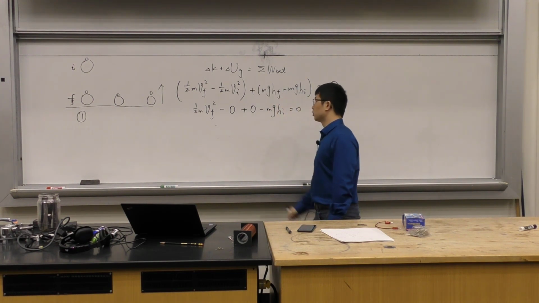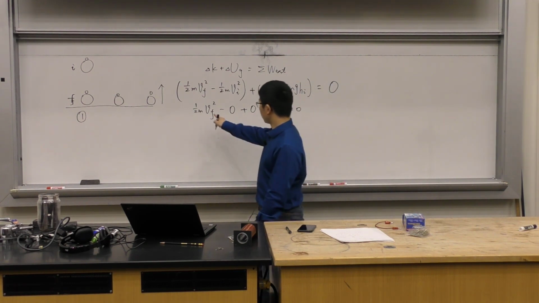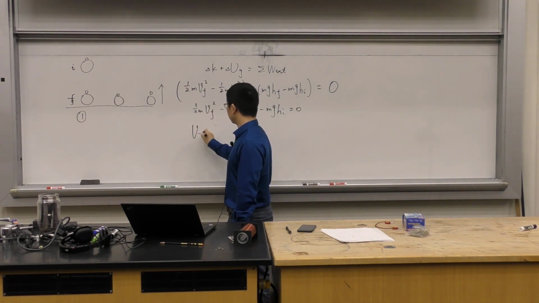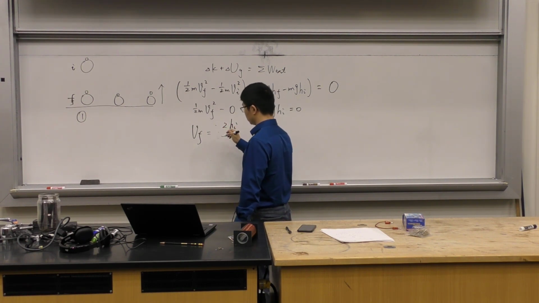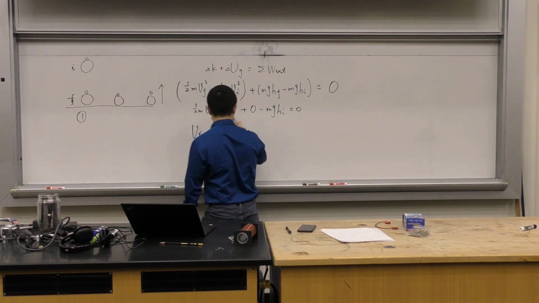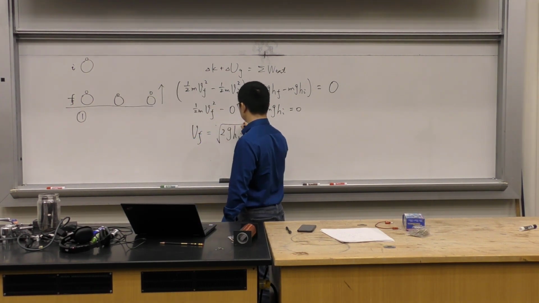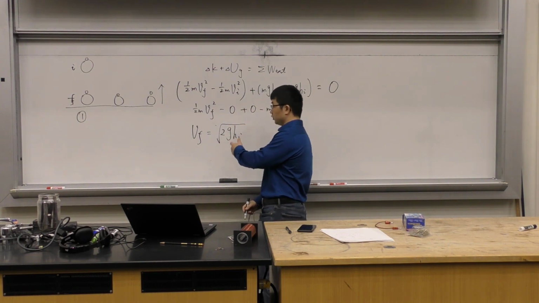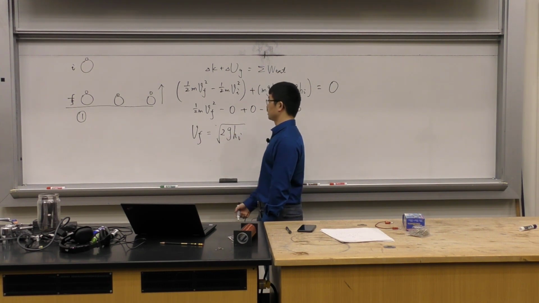So I only have 2 terms in this equation. Rearrange this equation, and you can find the final velocity. It's the square root of 2 g hi. Well, again, you will get plus and minus, right? In this case, you can get plus, but just remember this is down.